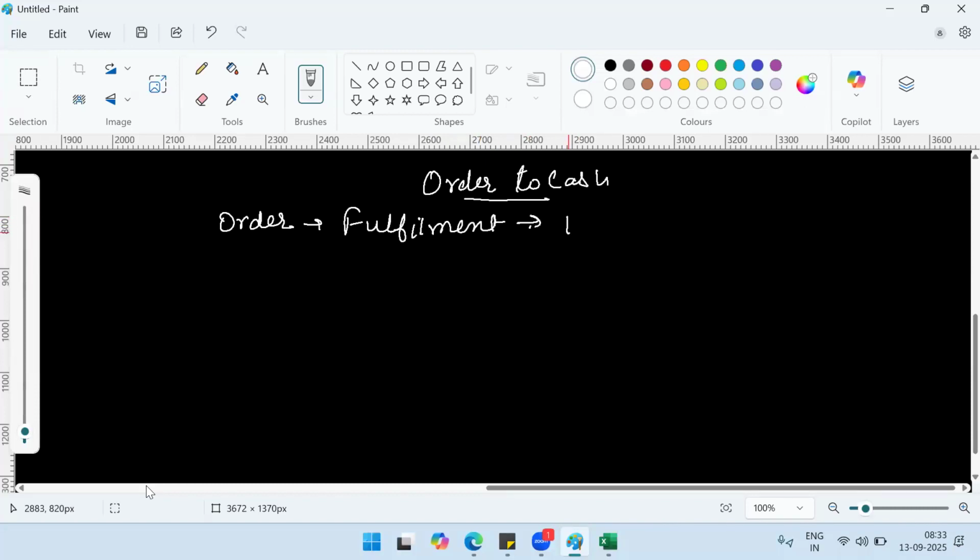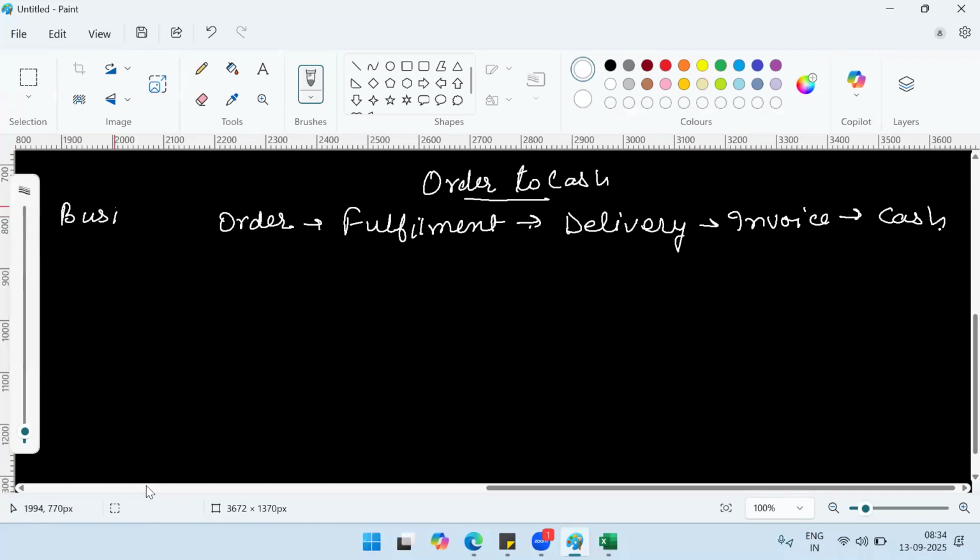Then you need to deliver the order. Then invoice is to be created, and at the end you need to take the cash. Now tell me in which domain it exists: business, data, or technology? Business. So this is business.